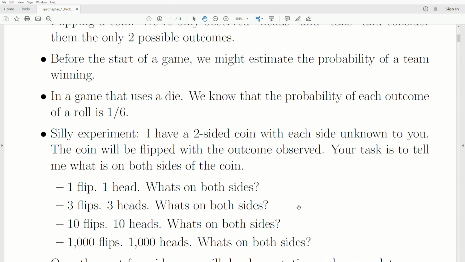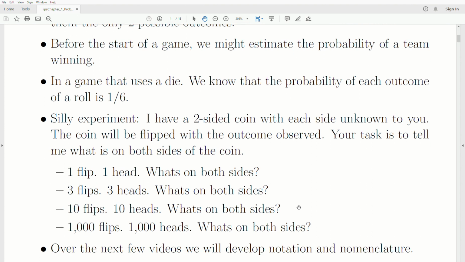Because anyway, you just calculated a p-value there. But if we assume that it's a two-headed coin, a head on both sides, well, the probability of observing 1,000 heads is 100%. So therefore, we're going to conclude that it's a two-headed coin. Anyway, so we just kind of intuitively calculate p-values.